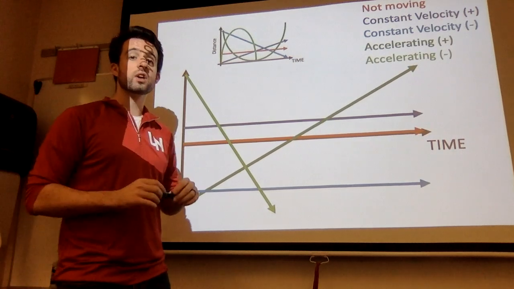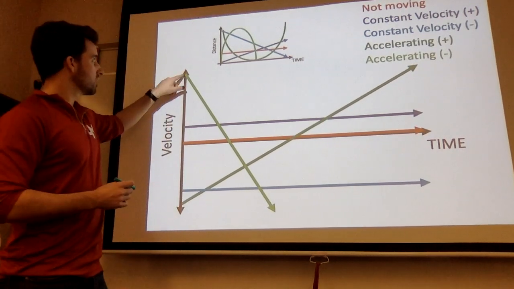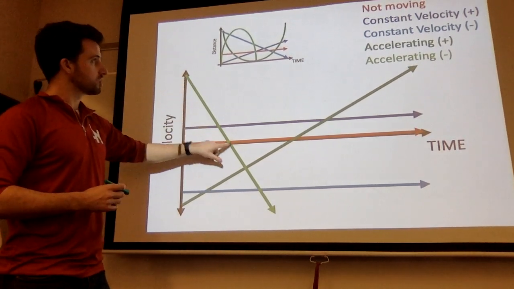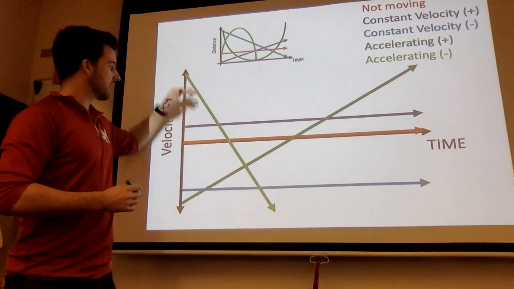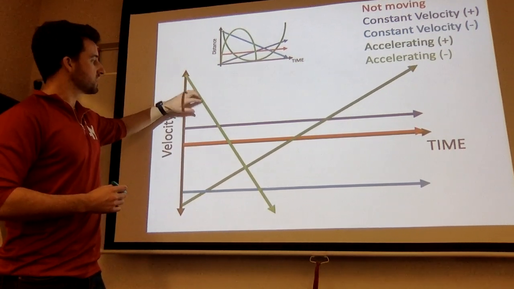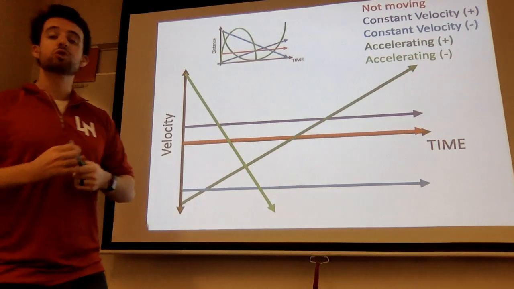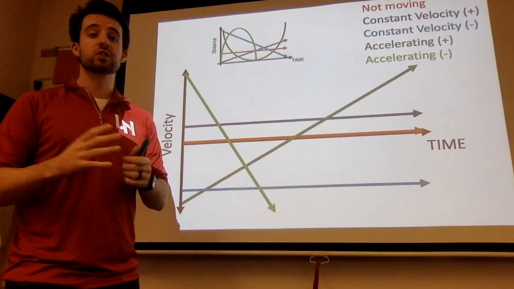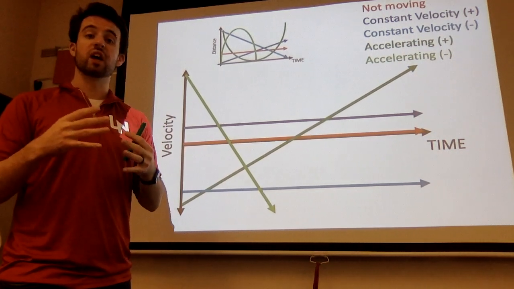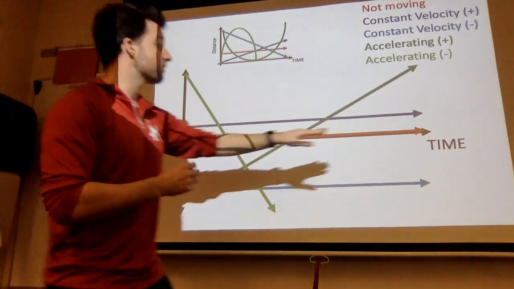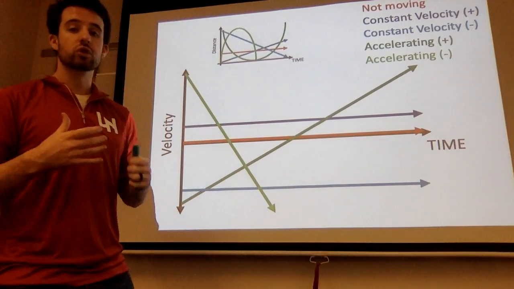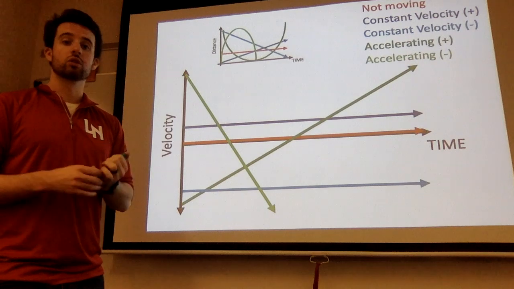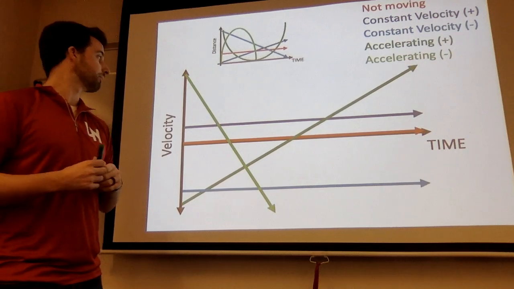But the more important thing I wanted to say here is that a negative acceleration on a velocity versus time graph is going to have a negative slope. Just like how we said in a distance versus time graph your slope is velocity, in a velocity versus time graph your slope is acceleration, because there's a change in velocity over time.